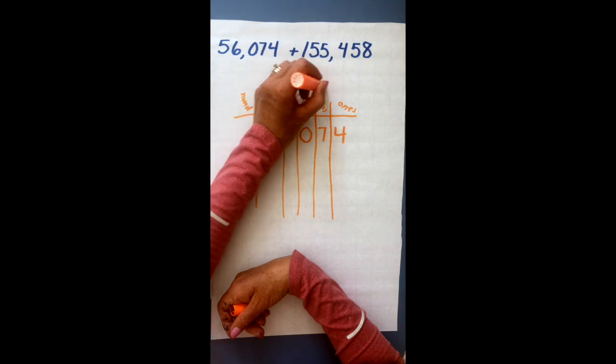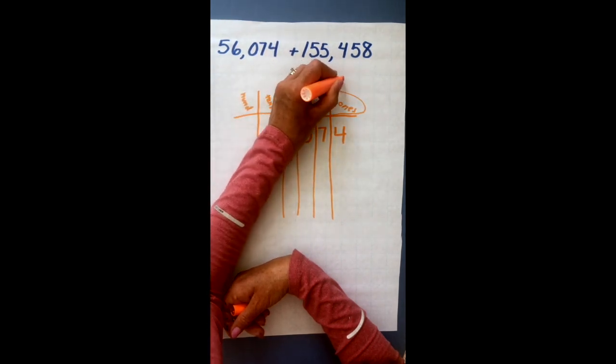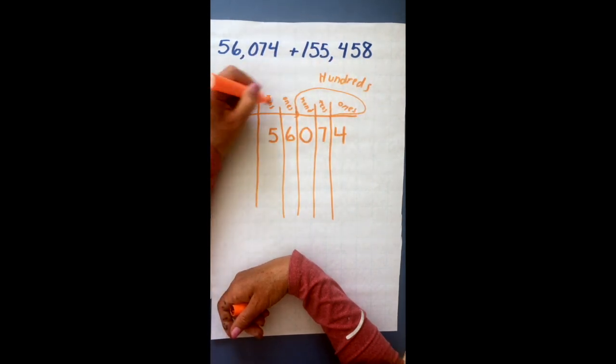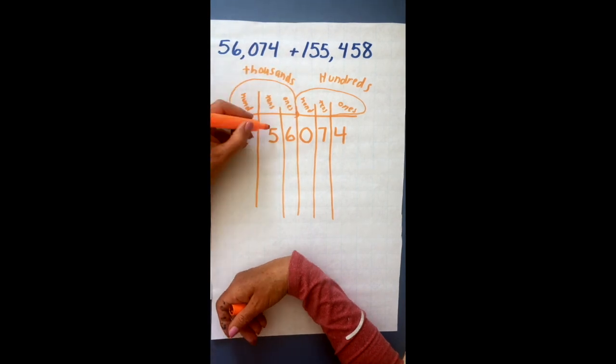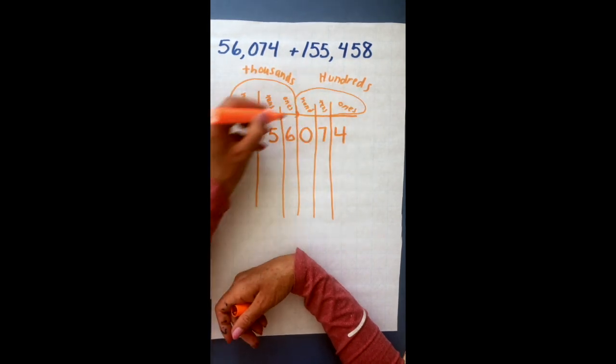This one right here is the hundreds period, and this one right here is the thousands. So I've got 5 ten-thousands, 6 thousands, etc.